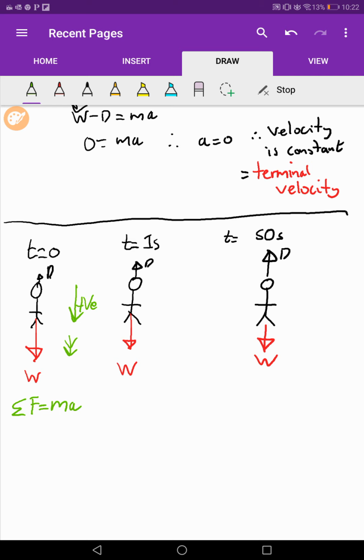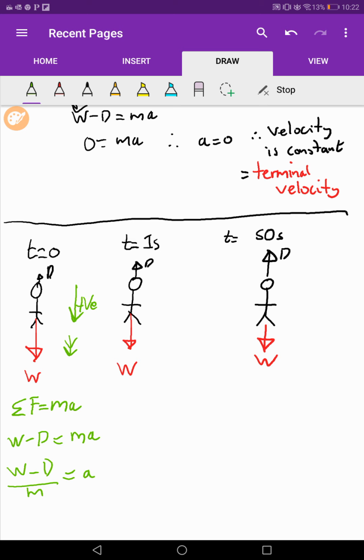So we're going to have W minus D equals ma. So the acceleration that he feels is W minus D over m equals a. And that's going to be true for each of these scenarios: t equals 0, t equals 1, and t equals 50.